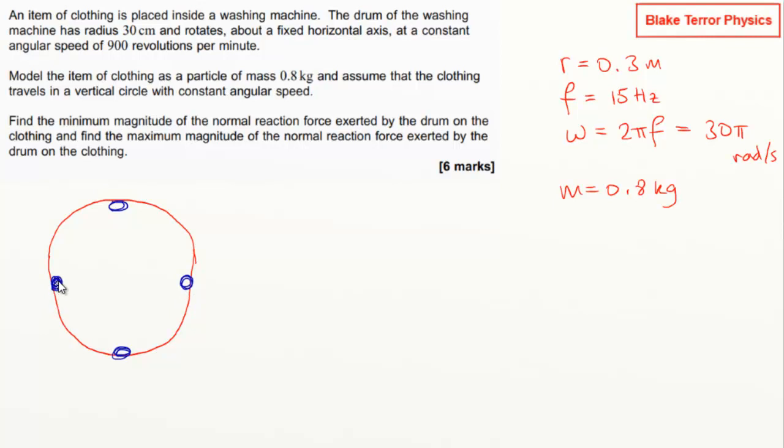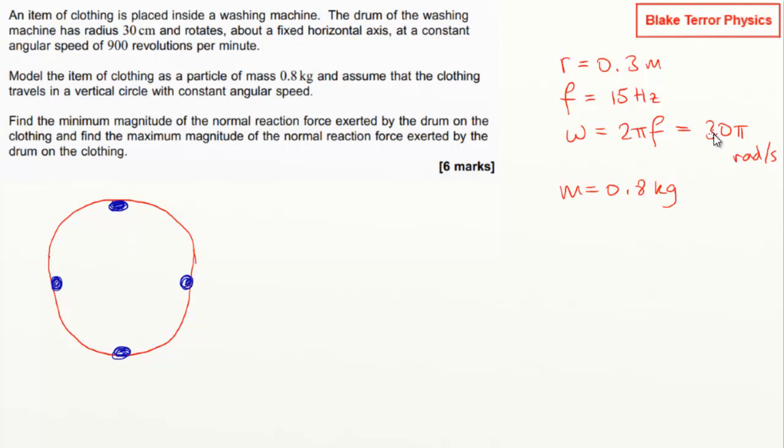The sides are going to be identical to each other, but these are our extreme points. Now we've got to remember here that it's circular motion. We need to have a centripetal force which is acting towards the center of the circle, towards the center of the drum.